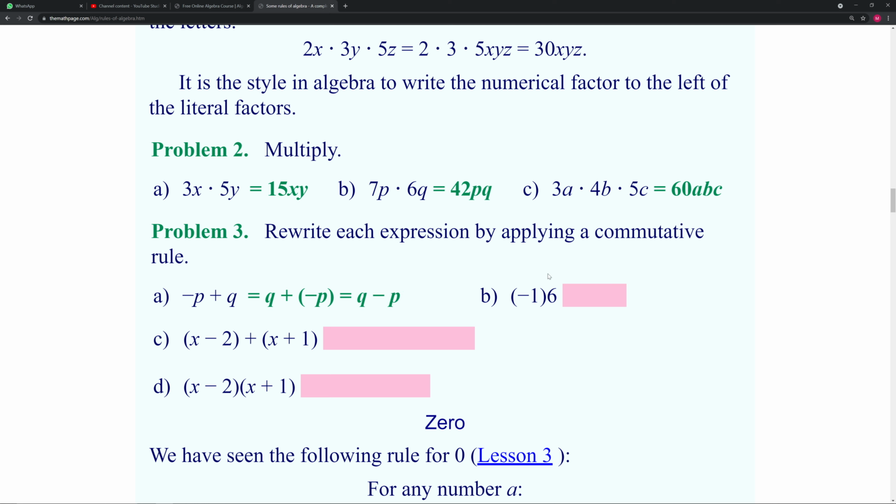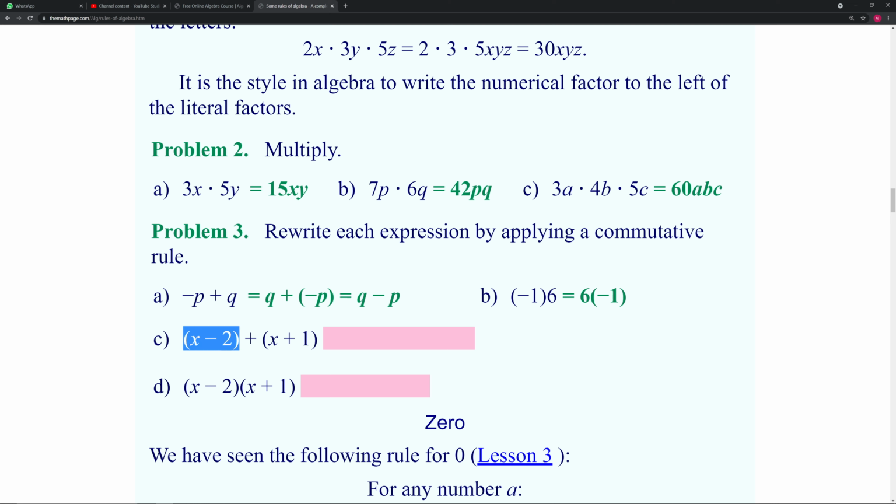B, so we've got 2 factors, so let's think about the commutative rule of multiplication. And we've got 2 factors, and if you remember back, the order of factors does not matter, so we can move this to the right of 6 here, and we get 6 multiplied by negative 1.